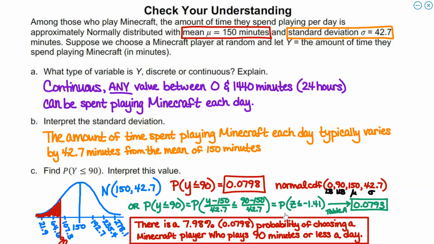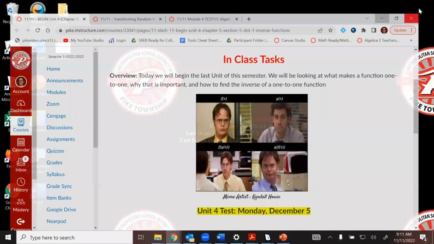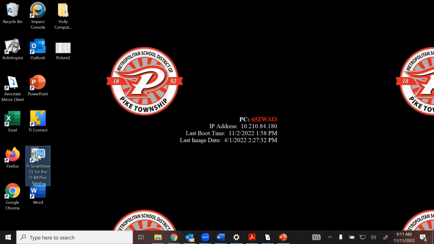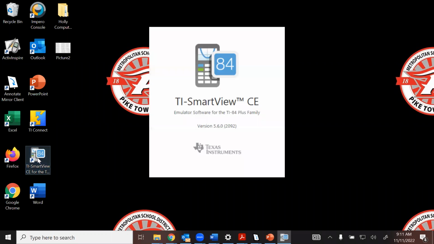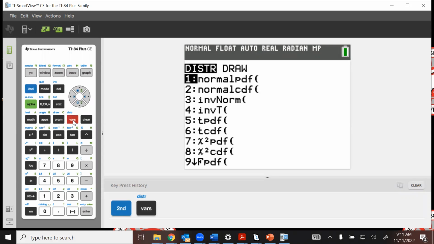So if I grab my graphing calculator to find the probability that y is less than or equal to 90, I'm going to push second and vars, which will take me to normal CDF. Let's see if I can pull this up on my calculator here for you guys. We'll go through this. So second and vars, I want the option that says normal CDF, which is the second option here.